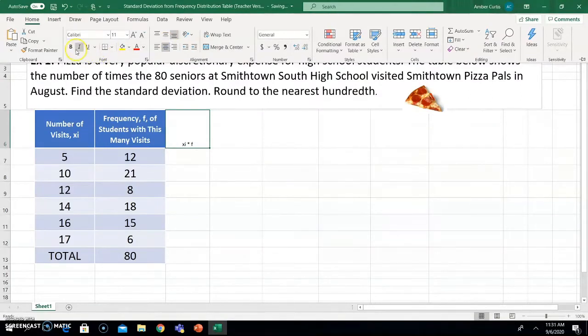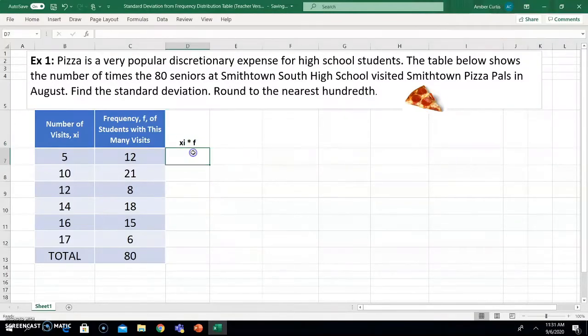I'm going to go ahead and center that. And then I will change the color a little bit later on so that it matches the rest. All right. So in this first row, we're going to take the students that visited 5 times each, and multiply by how many students, which in this case is 12. So I'm just going to use the formula.